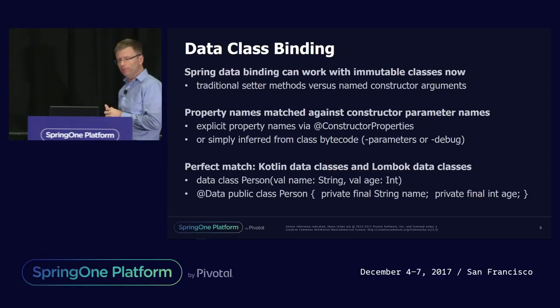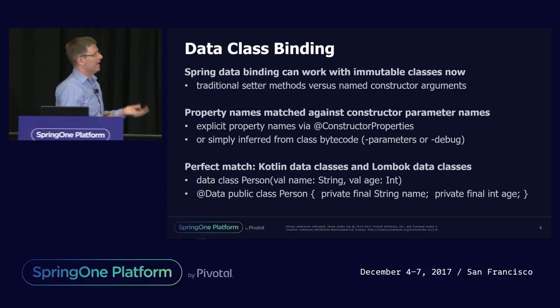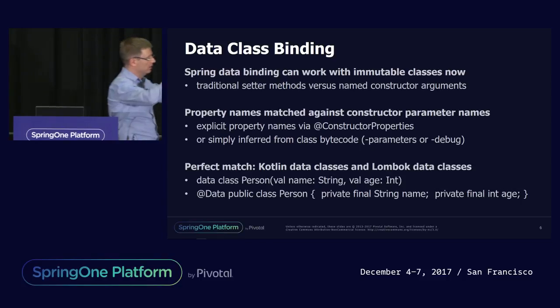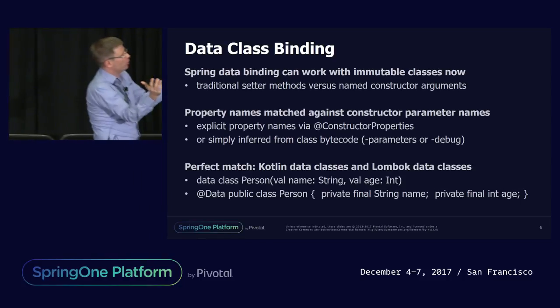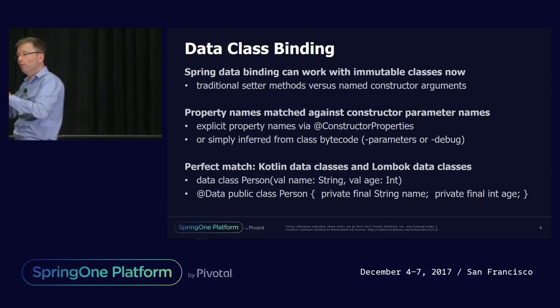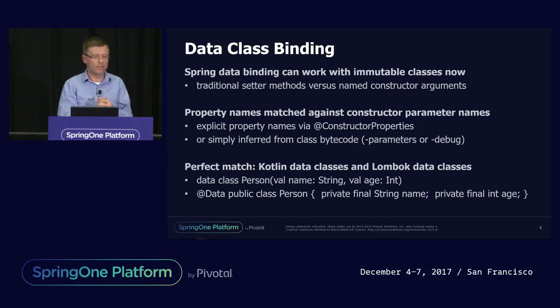This rather simple mechanism is surprisingly useful. In particular, since Kotlin actually has a data class model where you can literally say data class, like person, right, and then just declare a constructor-like signature, and that immediately turns into a full-fledged data class with the fields generated, the getters basically generated, right?